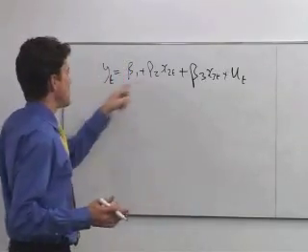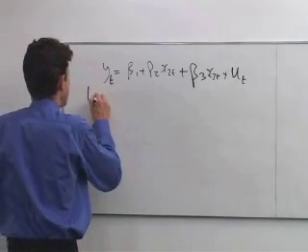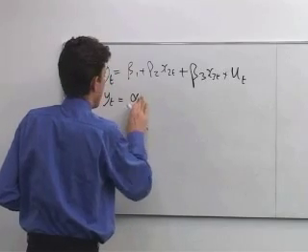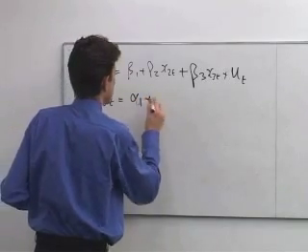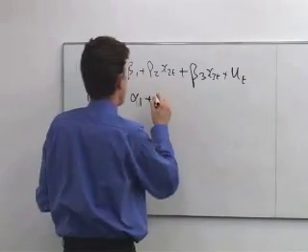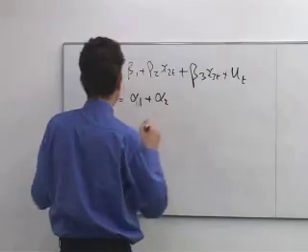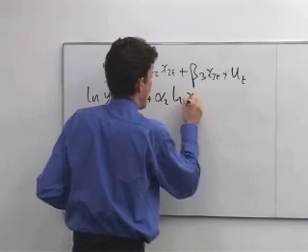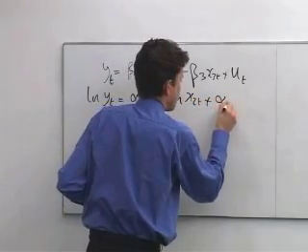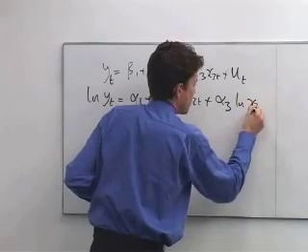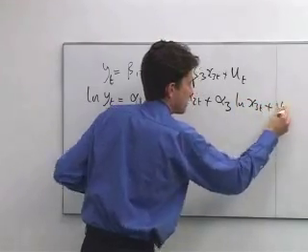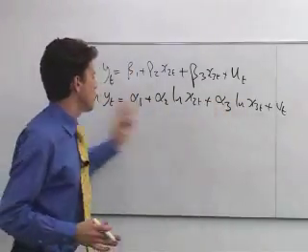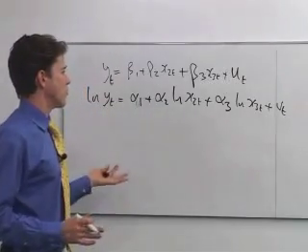So instead of regressing y on x2 and x3, we'd regress the natural logarithm of y on the natural logarithm of x2 and the natural logarithm of x3. So we'd have log yt equals alpha 1 plus alpha 2 log x2t plus alpha 3 log x3t plus some disturbance term, again let's call it vt. So we could run a regression of this form in the logarithms.